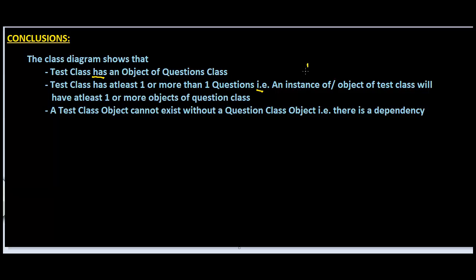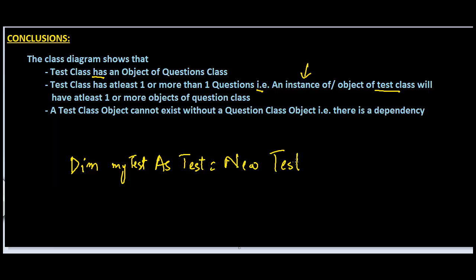Which means when we create an instance of the test class, meaning something like this, we are going to do dim myTest as test is equal to new test, right? When we call the constructor, this object is going to be created. This object is an object of the test class.